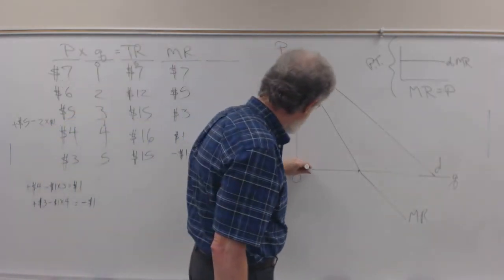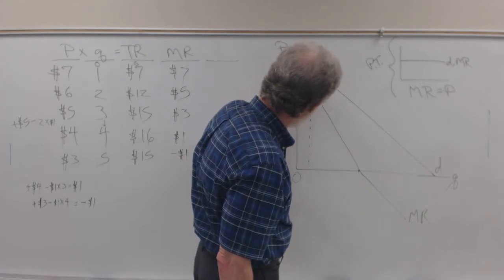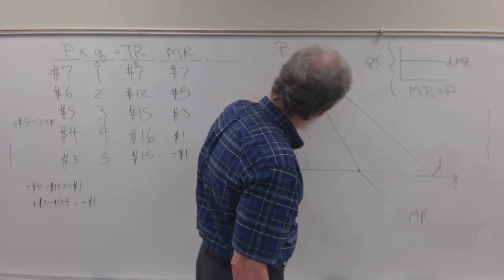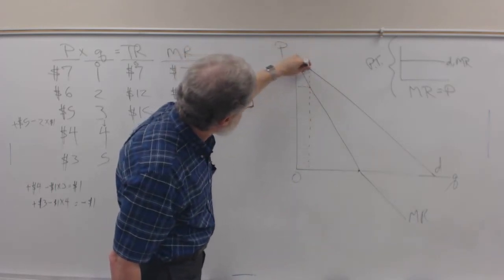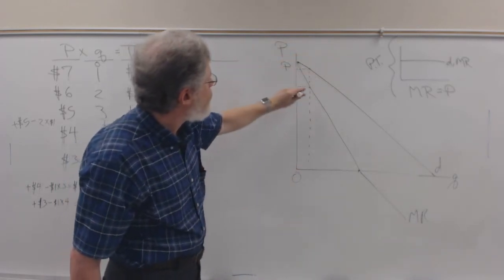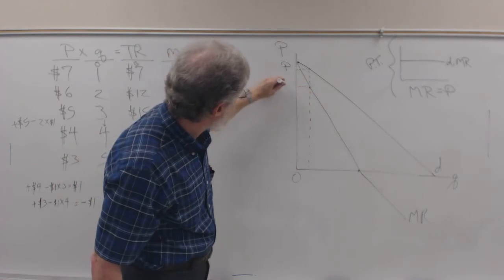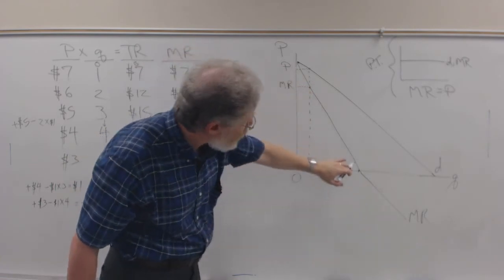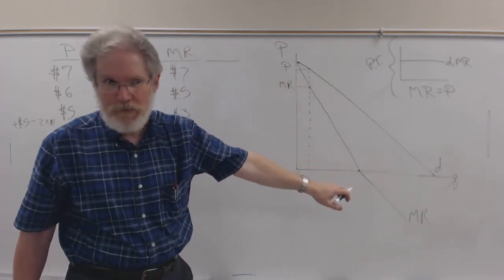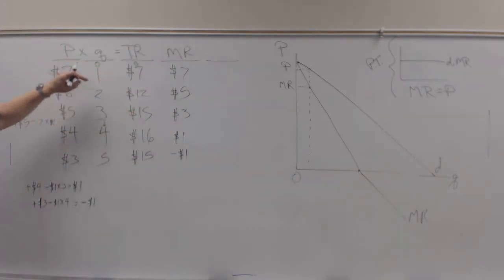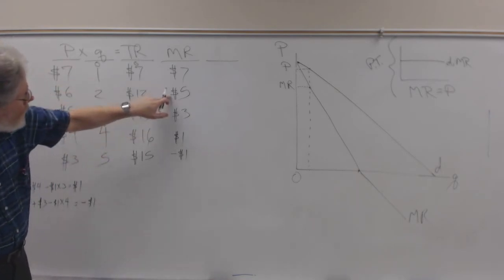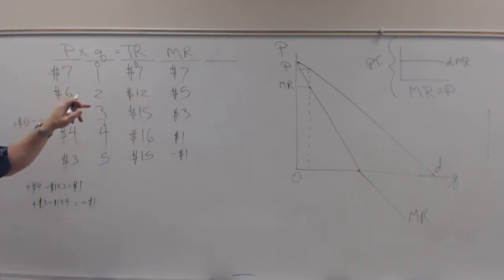No matter what quantity you pick, the price you're getting off of the demand curve is going to be greater than marginal revenue, which you're going to get off of the marginal revenue curve. That is consistent with what we have over here. For every level of output after the first, marginal revenue is going to be below the price.